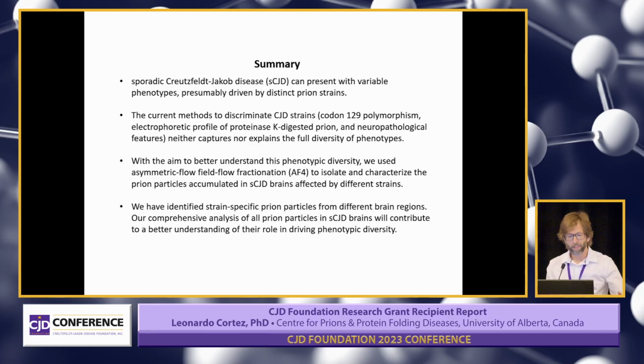So with the aim of understanding the phenotypic diversity, we used asymmetric field flow fractionation to isolate and characterize prion particles accumulated in sporadic CJD brains affected by different types. And we have identified strain-specific prion particles from different brain regions. Our comprehensive analysis of all prion particles in sporadic CJD brains will contribute to better understanding of their role in driving phenotypic diversity.